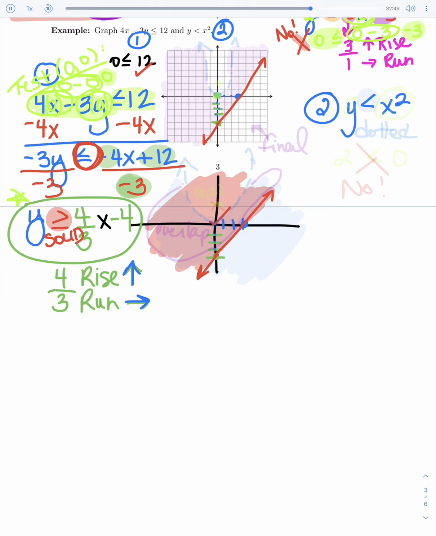Well, that's just a parabola with a center at 0, 0 with no stretch, just pointing upwards. Be careful, though, because it's less than and not less than or equal to, it will be a dotted parabola. So I'm going to draw a dotted parabola.